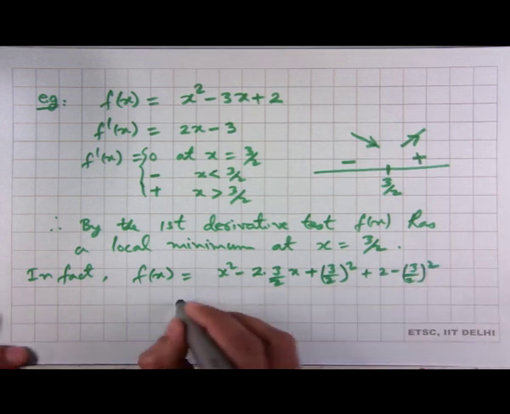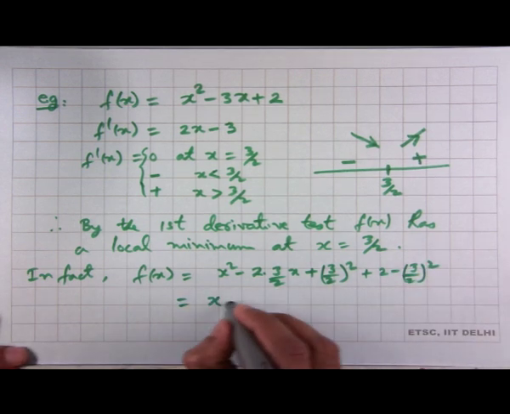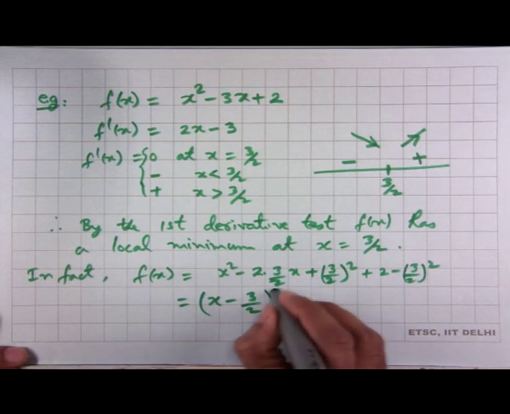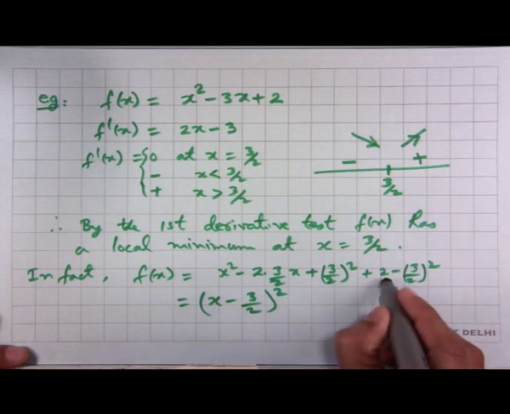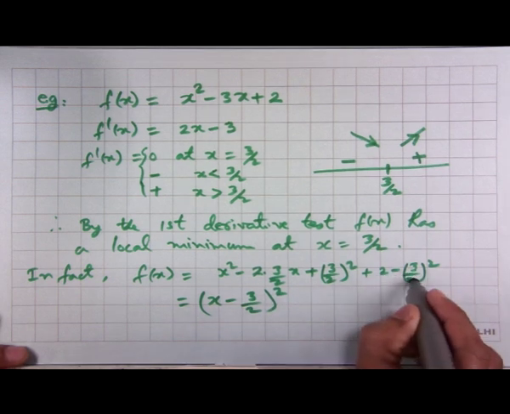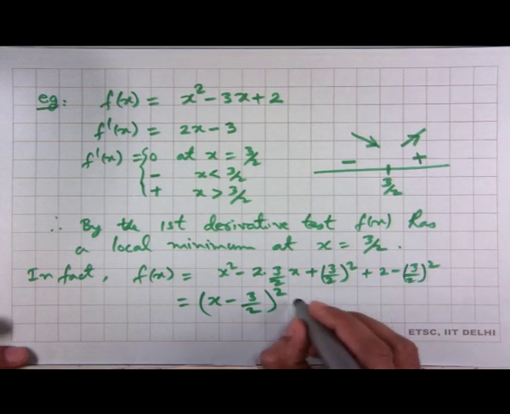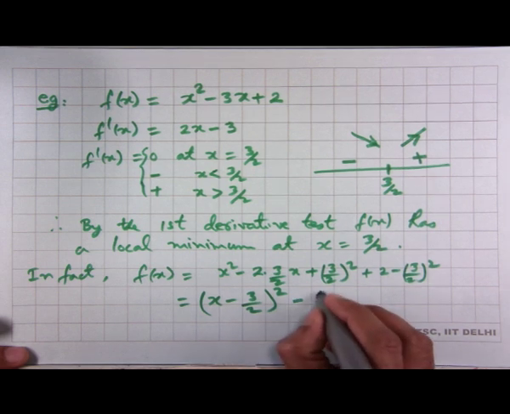So, this is equal to x minus 3 by 2 whole squared, and then I have 2 minus 9 by 4. So, that gives me minus 1 by 4.